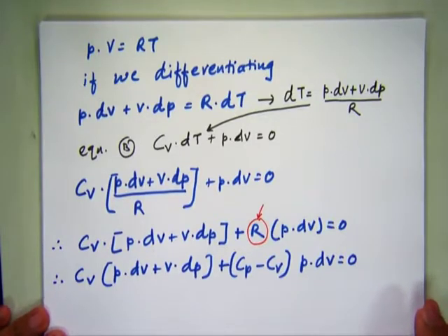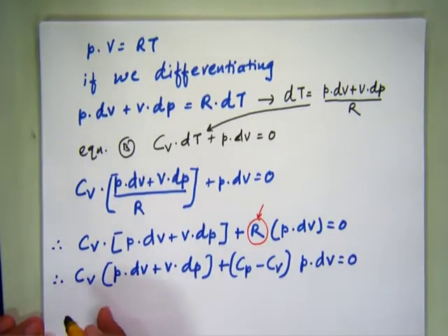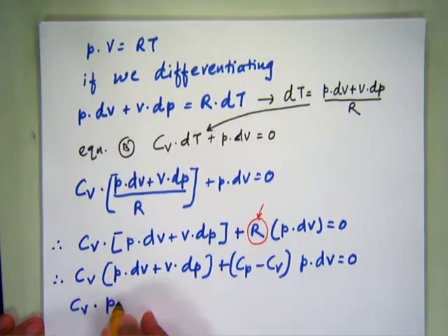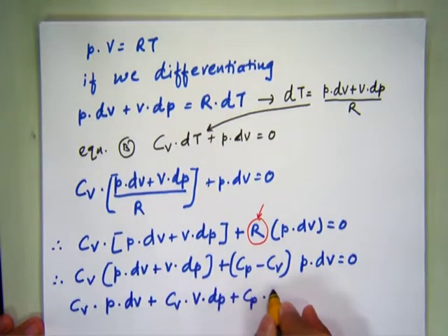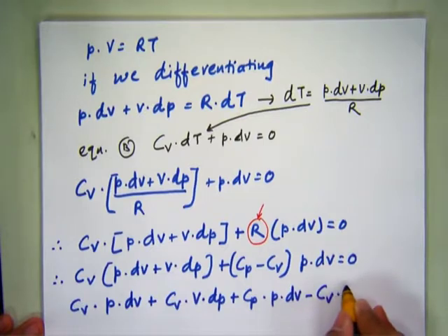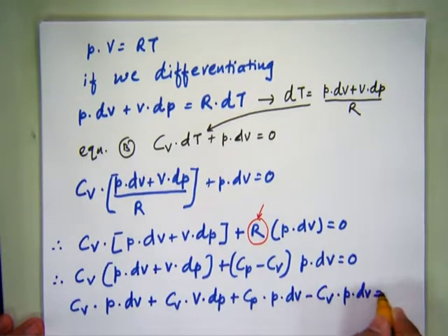Further simplifying, open this bracket. You will get Cv into P dV plus Cv into V dP plus Cp into P dV minus Cv into P into dV is equal to 0.